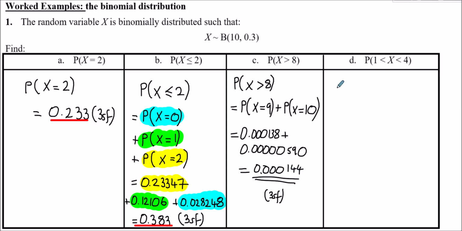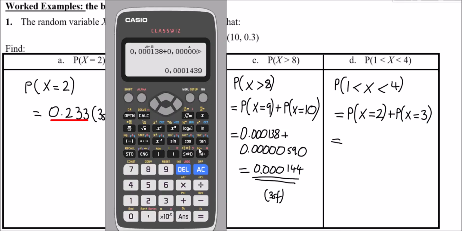Finally, D. How could we have it so that this variable is between 1 and 4 non-inclusive? The only way this could happen is if the variable takes on a value of 2, or if the variable takes on a value of being exactly equal to 3. So again, we can calculate this using the calculator.